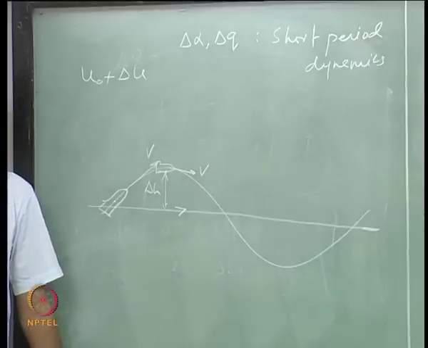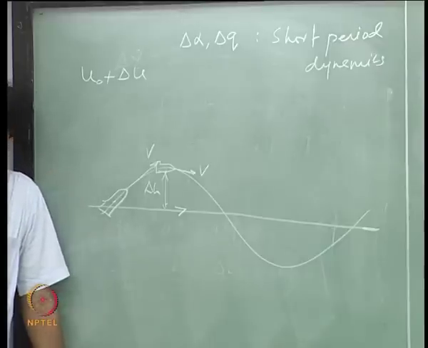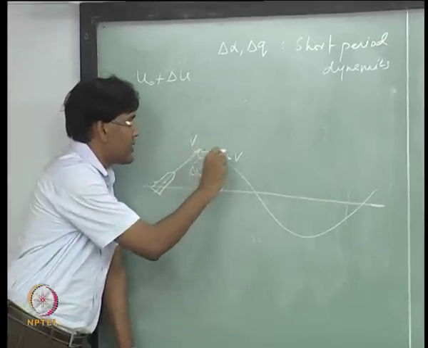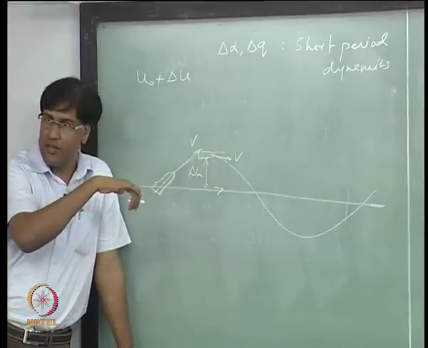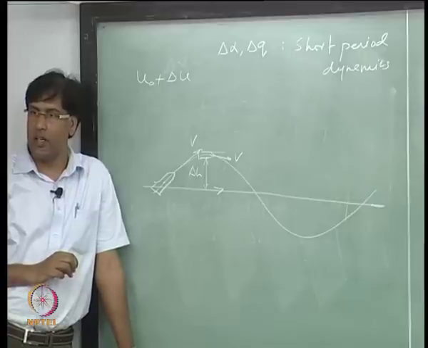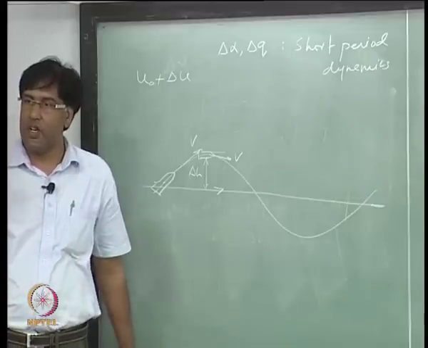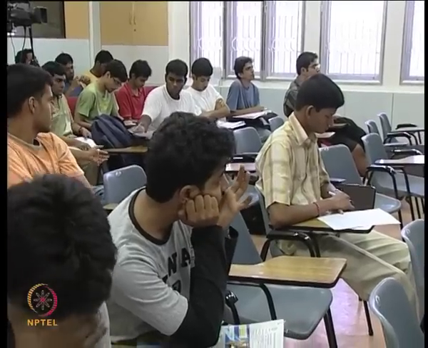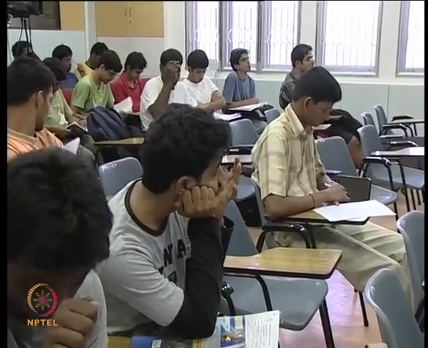But this perturbation is going to go down slowly. This sinusoidal curve is changing in amplitude, because there is a damping associated with this motion. So whatever perturbation is there is going to decay or grow only slowly.